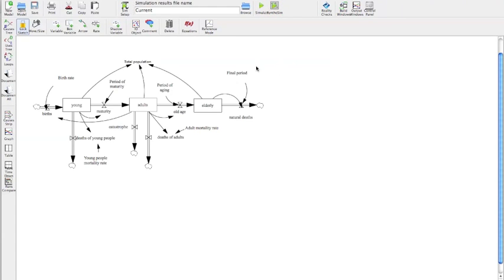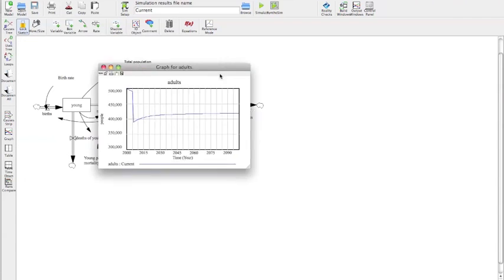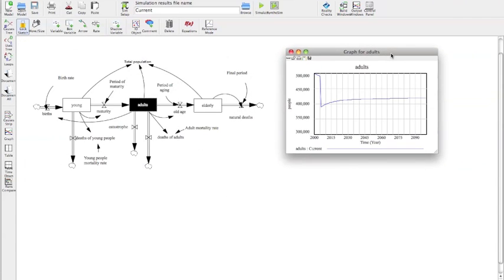Now we can go to the graphs and see what happens. Let's take first a look at adults. I think that's because those are the ones that undergo the catastrophe. If you look at the graph for adults, you can see here what we were referring to. The adults started at 500,000, and during the first 5 years until 2005 the adult population is going down.